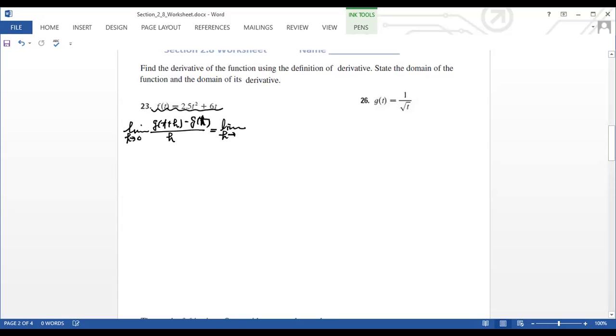So this is the limit as h approaches 0, and g of t plus h is 1 over the square root of t plus h, minus 1 over the square root of t, right?